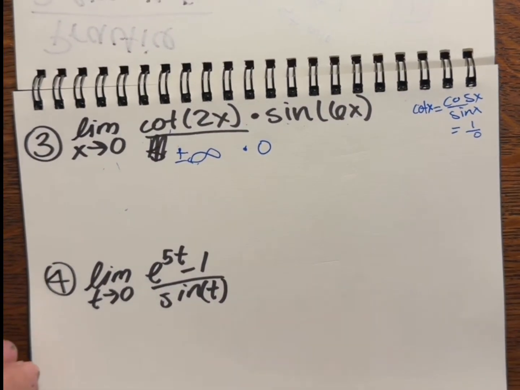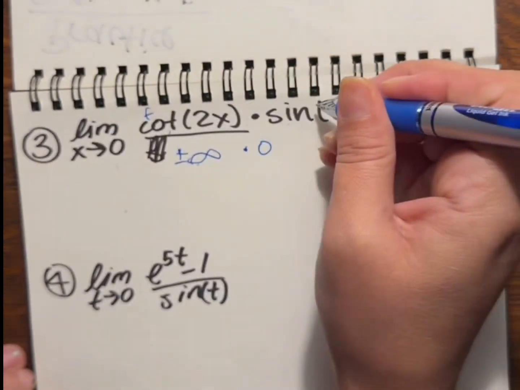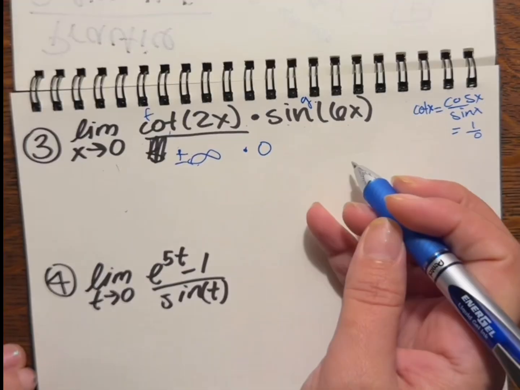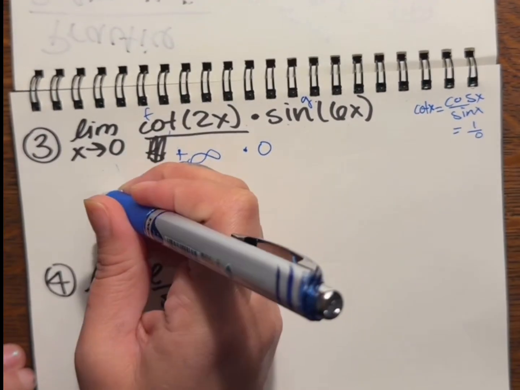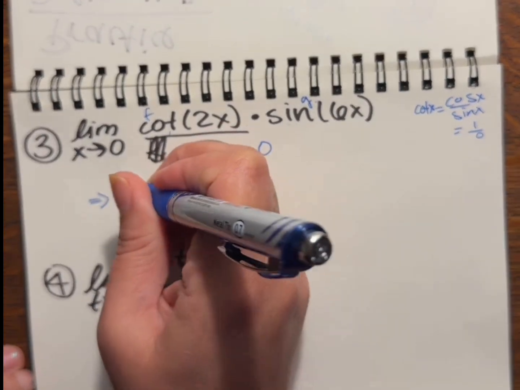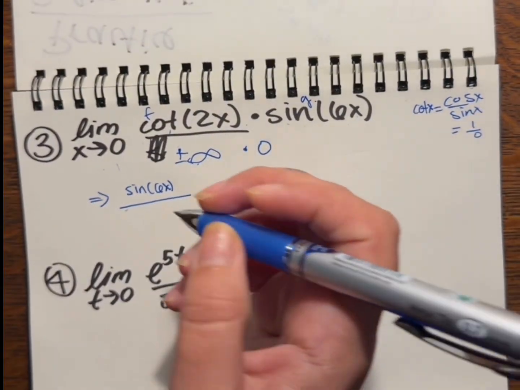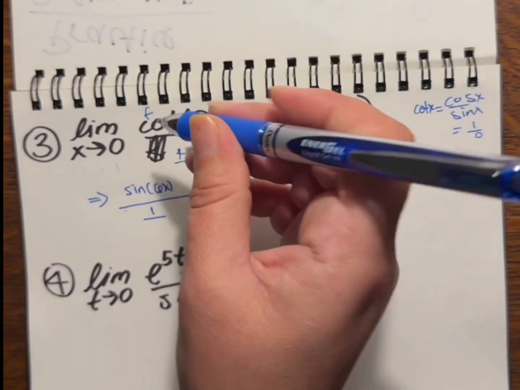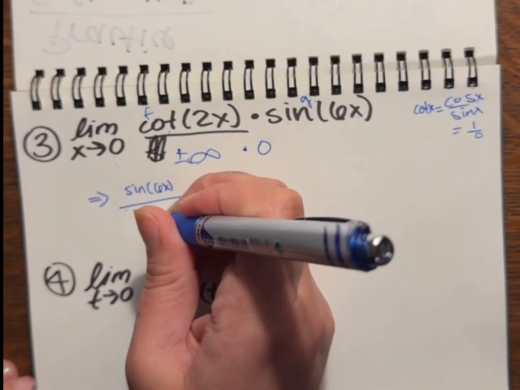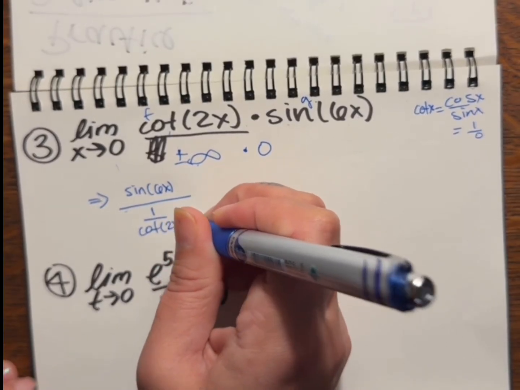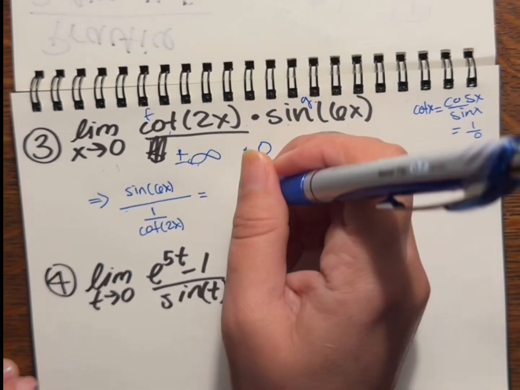Okay, so for this one, I'm going to write, so this could be f and this is g. And I'm going to use, we're going to put sine 6x on the top. And then I could put 1 over f, which is cotan 2x. And 1 over cotan is just tangent.